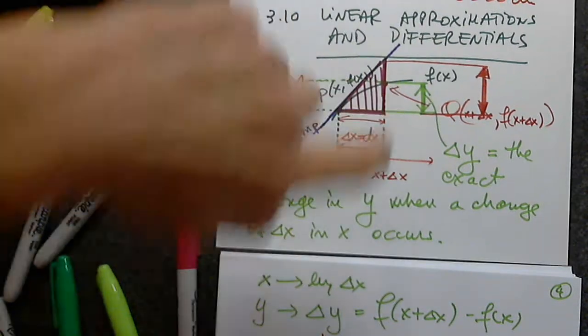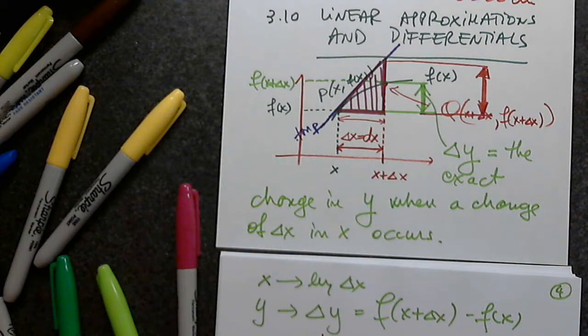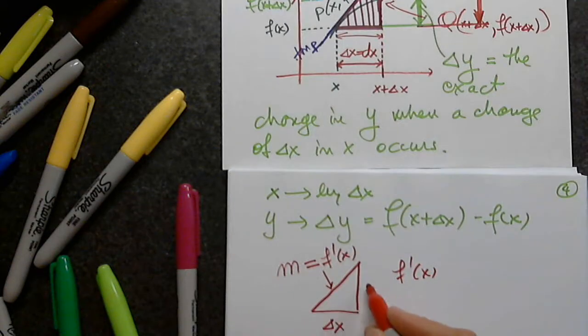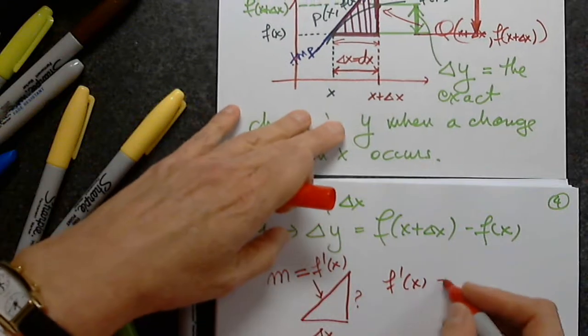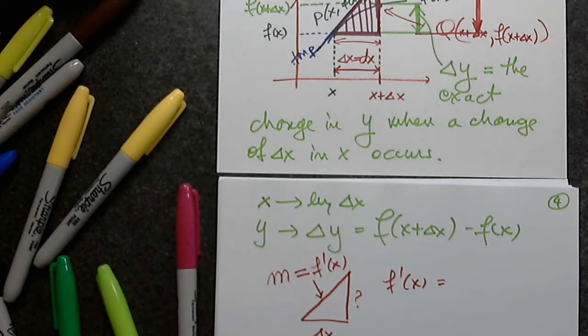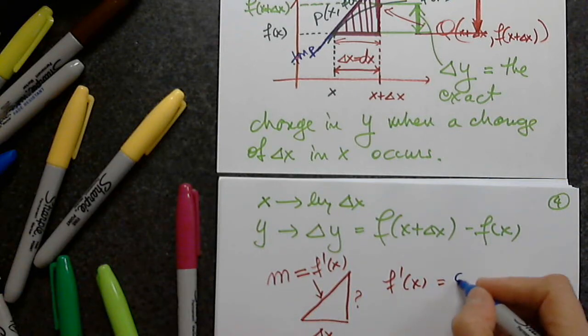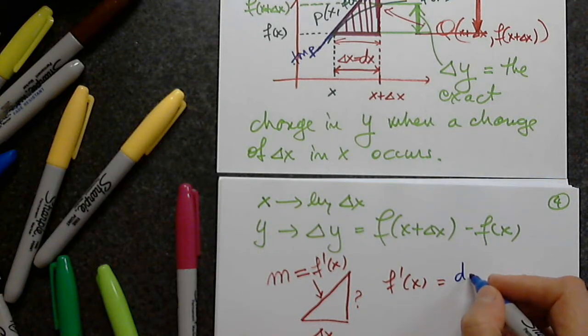Agreed? But now, I'm still trying to figure out this piece. But we know that f prime of x can be rewritten somehow. We used it many times. dy over dx. Of course.